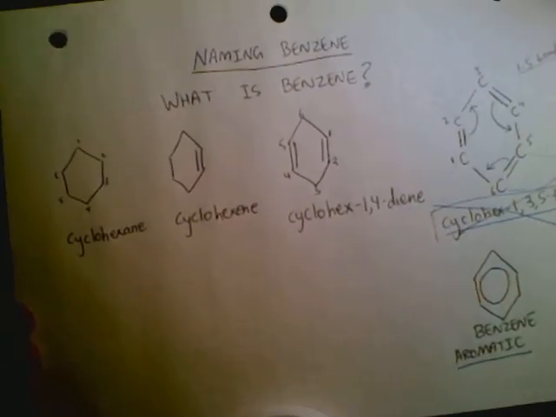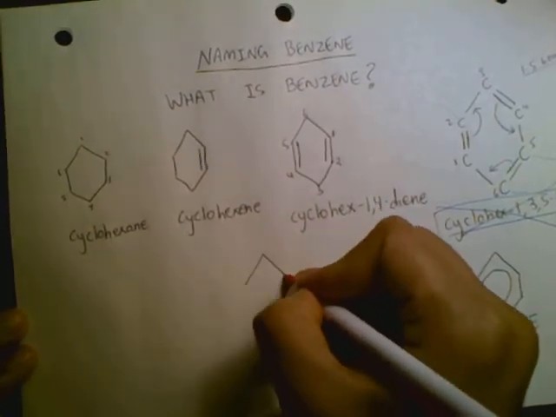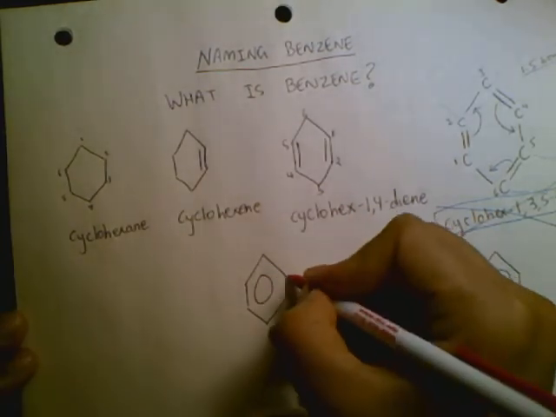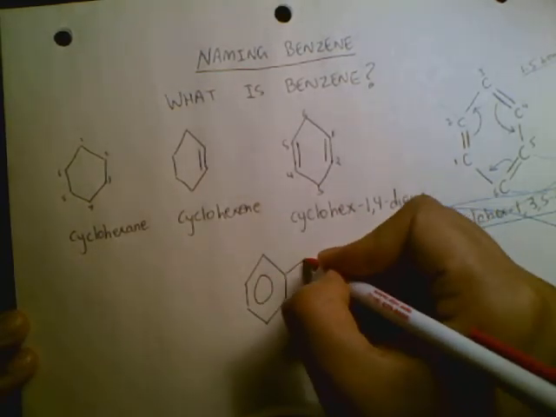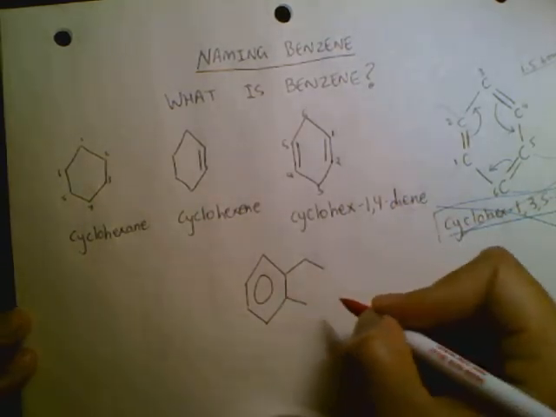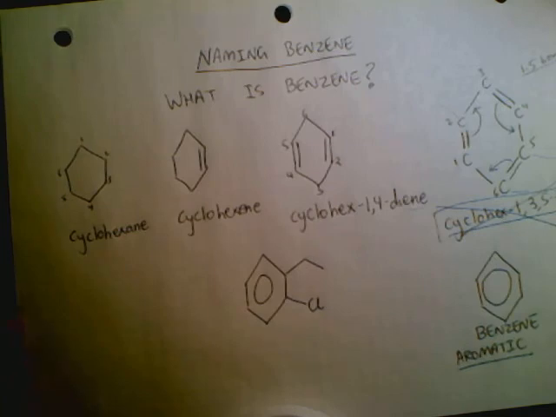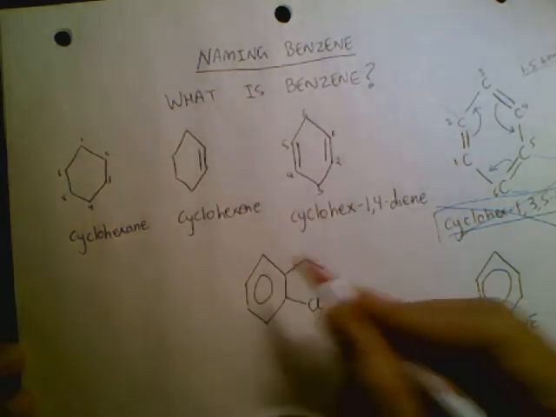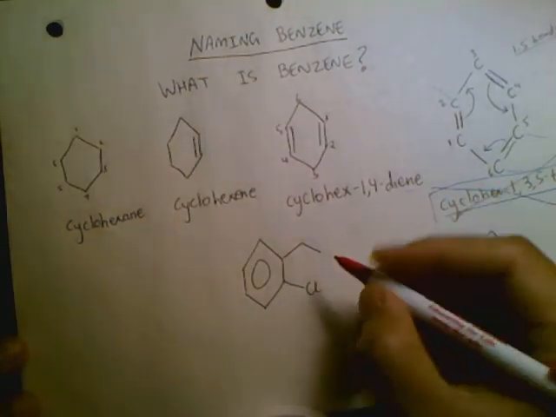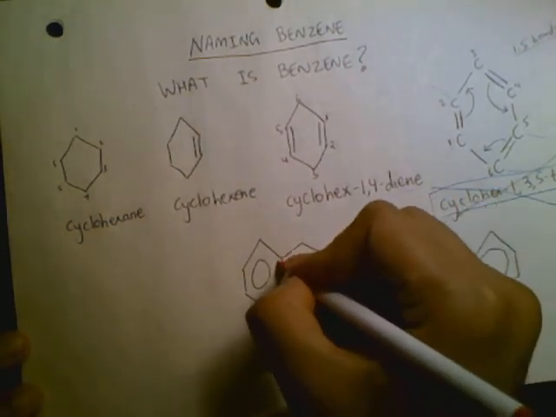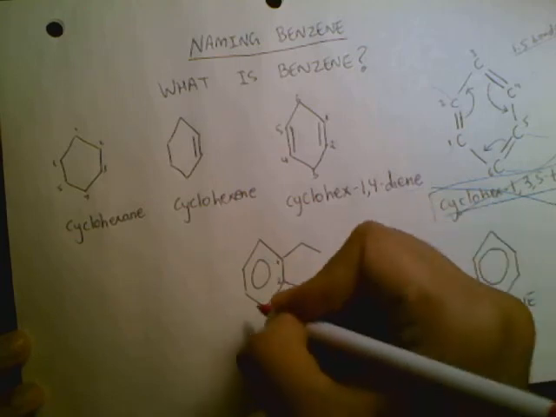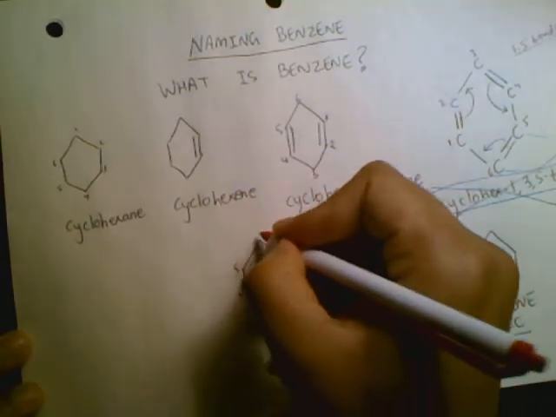For example, if I have a benzene ring and I have an ethyl group attached there, or if I have a chlorine attached here, okay, let's say this is my compound, then how I'm going to name it is I'm going to start with numbering priority. In terms of numbering, ethyl gets the priority 1, 2, 3, 4, 5, 6.